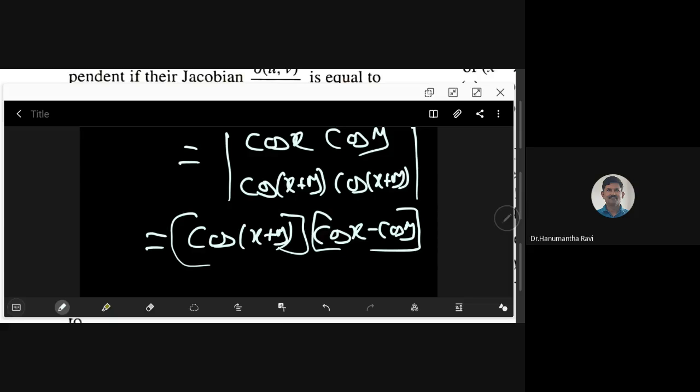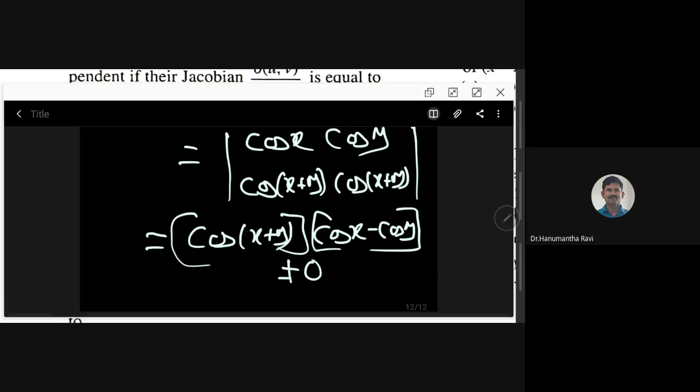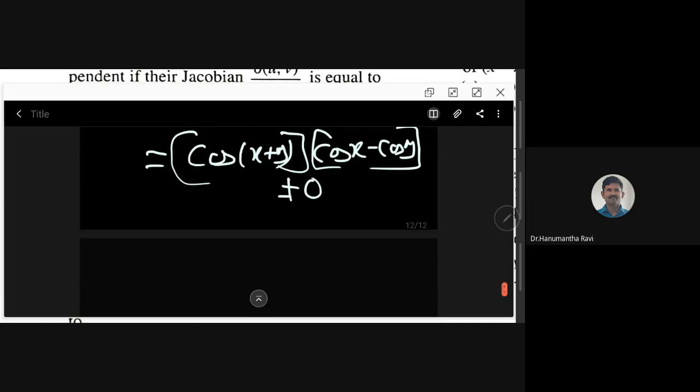So this is not equal to 0. That can never be 0. So therefore what can we say? Therefore u and v are functionally independent.